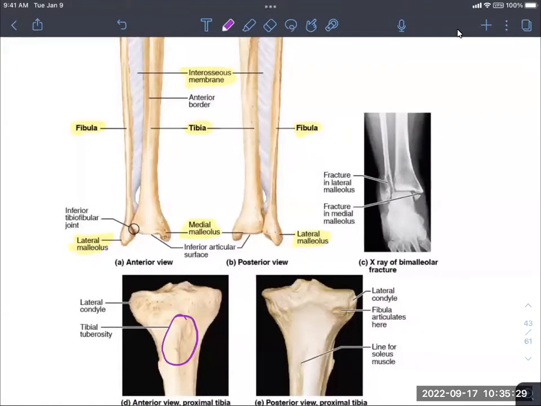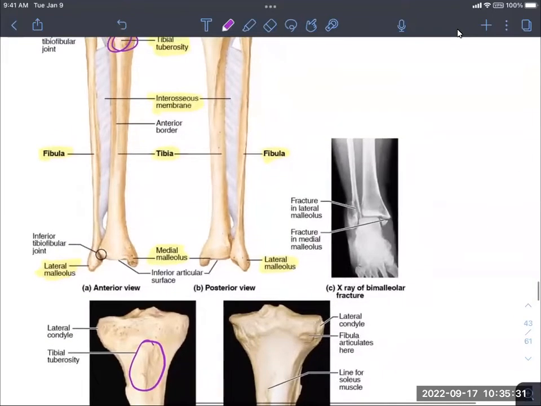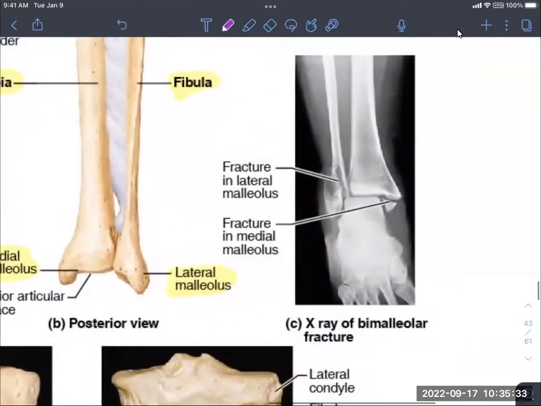So there is a fracture. We look at this x-ray here. That is called a bimalleolar fracture. Bi means two, malleolar, those are the two, the medial and the lateral malleolus or those ankle bones.